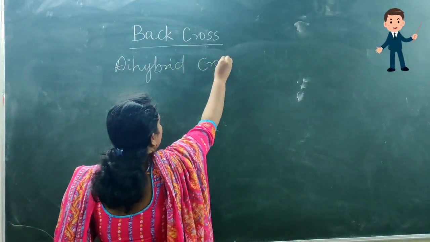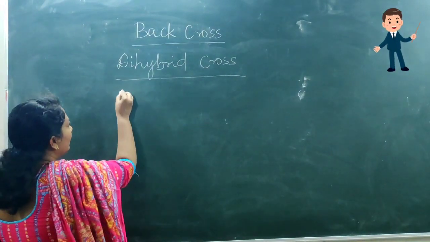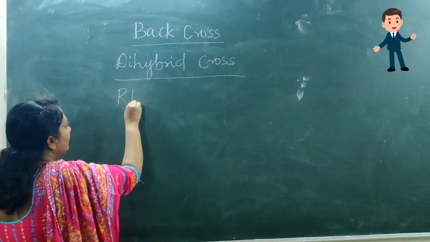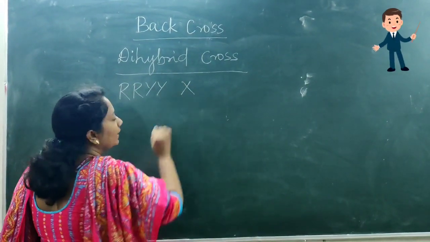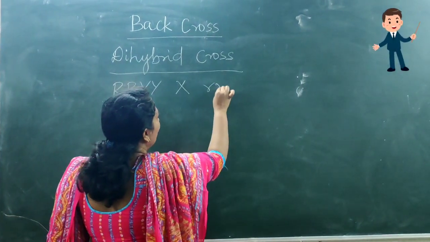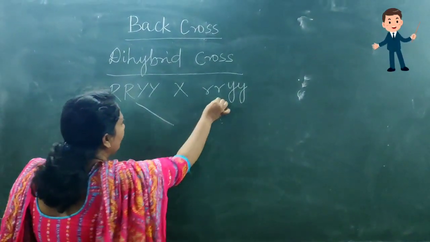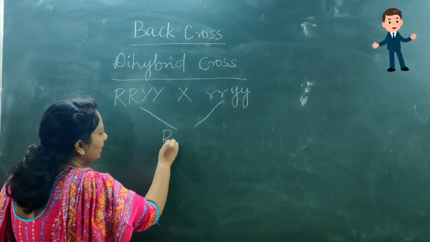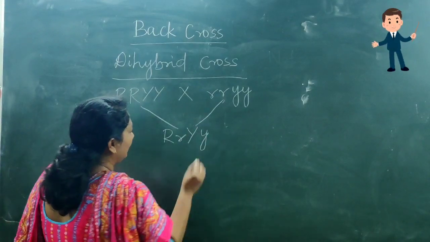recessive back cross. In case of dihybrid recessive back cross, the parents we can take as capital R, capital R, capital Y, capital Y crossed with small r, small r, small y, small y. What is the product then? Capital R, small r, capital Y and small y.